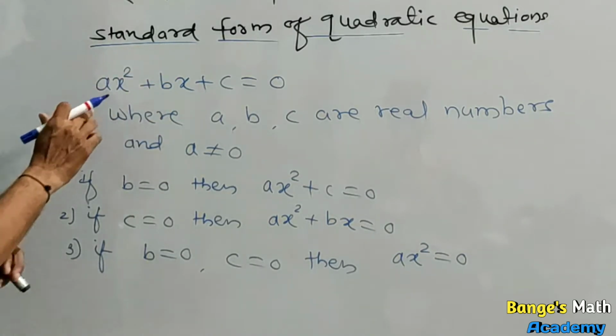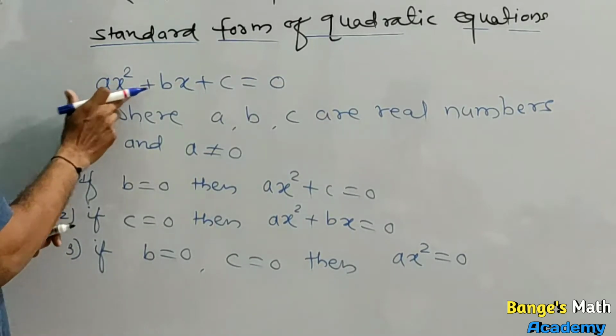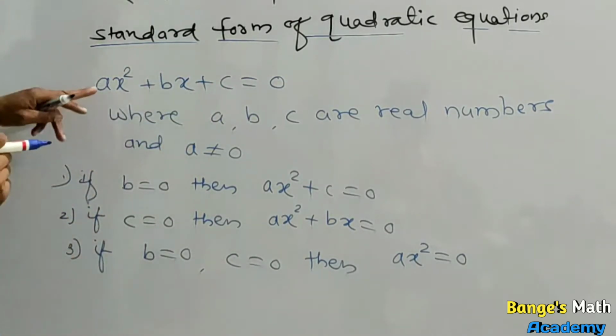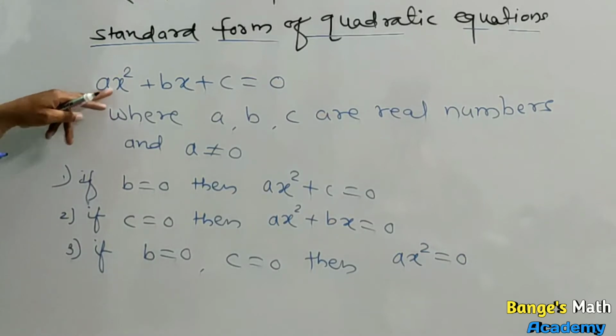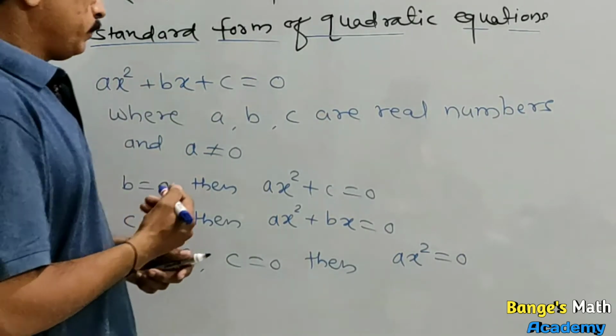So in this equation x is the variable and a, b, c are: a is the quadratic coefficient, b is the linear coefficient and c is the constant term.